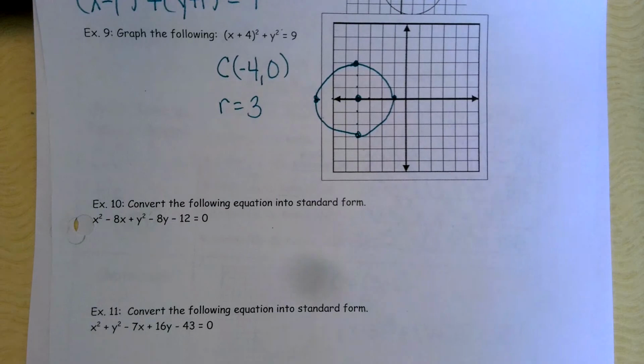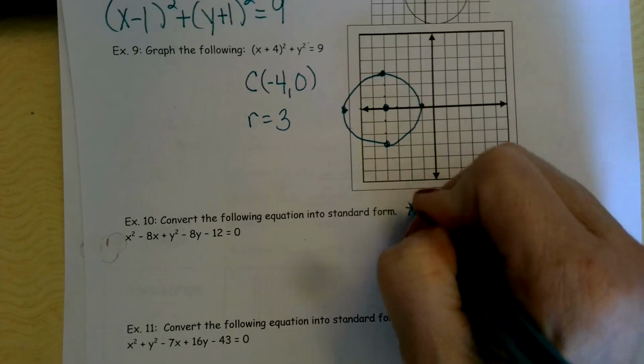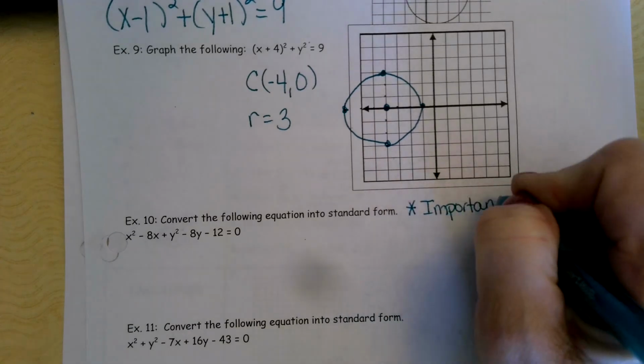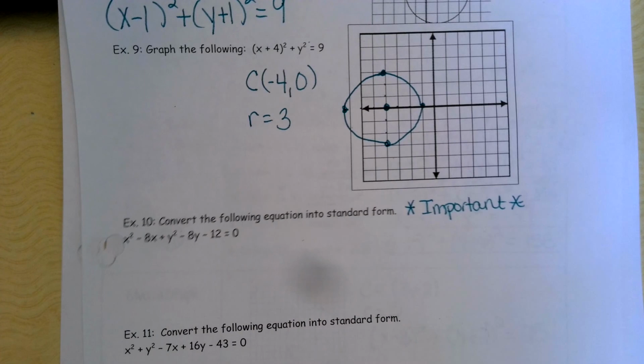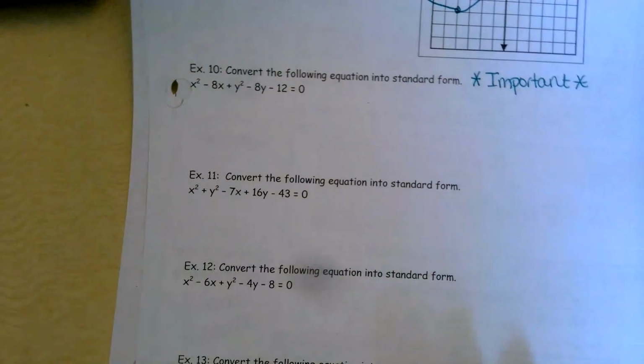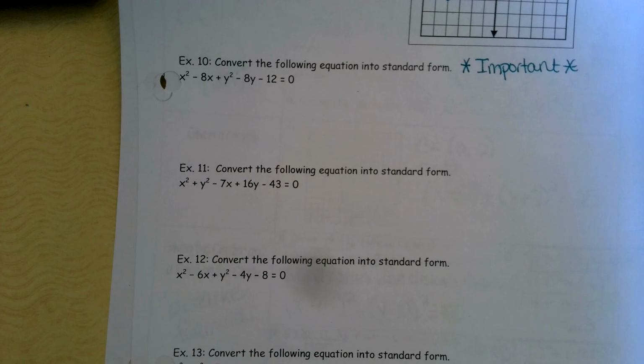All right. I have one more thing to show you, and this last thing is very important. You will be doing this in Algebra 2, so you need to really, really pay attention. This last thing is going to take about 15 minutes for us to go over.